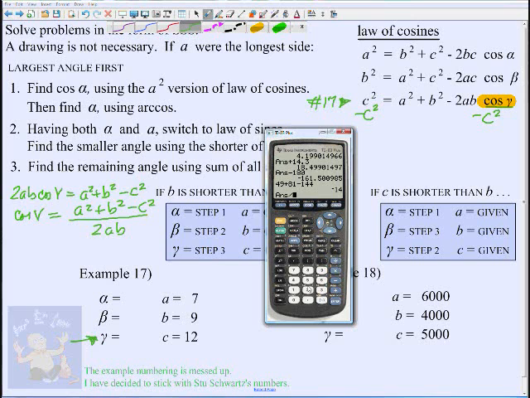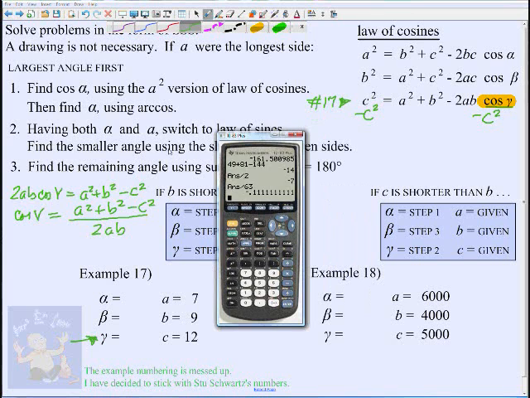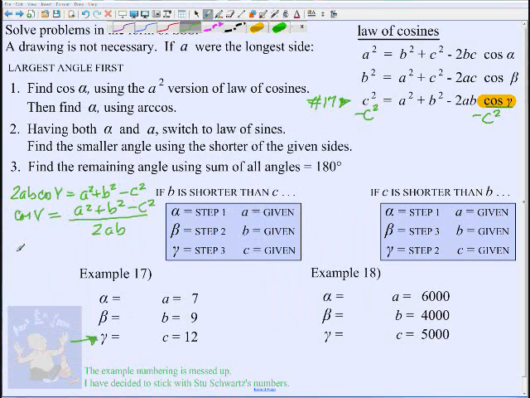So divide by 2. And then I'm going to divide it by a times b, which would be 63, right? Divide by 63. I get a negative 0.1 forever, right? So this is equal to negative all kinds of ones.